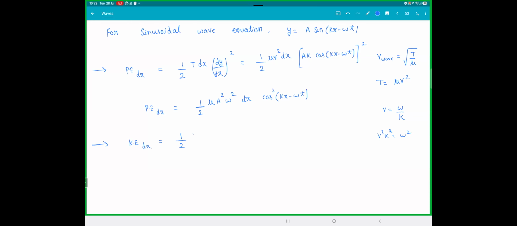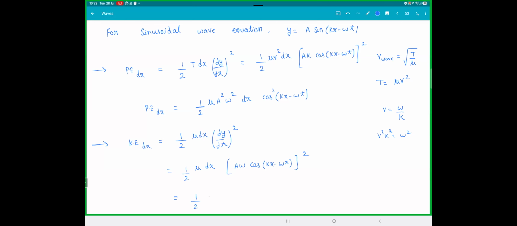So half mu dx dou y by dou t whole square, half mass into velocity square. So dou y by dou t, partial differentiation with respect to time, you end up with A into omega cos kx minus omega t.